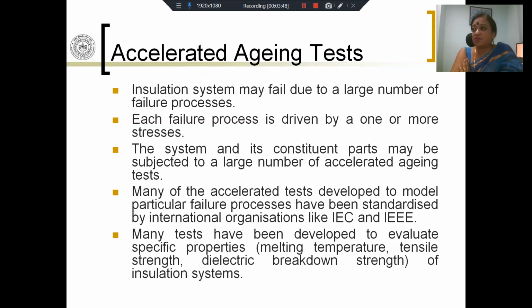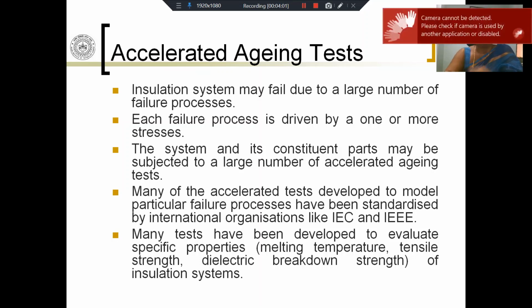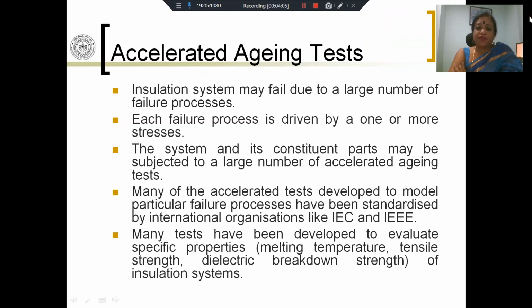Now, when insulation fails in service, it is not necessarily just electrical breakdown that occurs, but very many other different kinds of breakdown can occur, and even electrical breakdown can be driven by non-electrical forces. So, every equipment, every material, every sample fails, and that particular failure can be one of the many different processes that are possible.